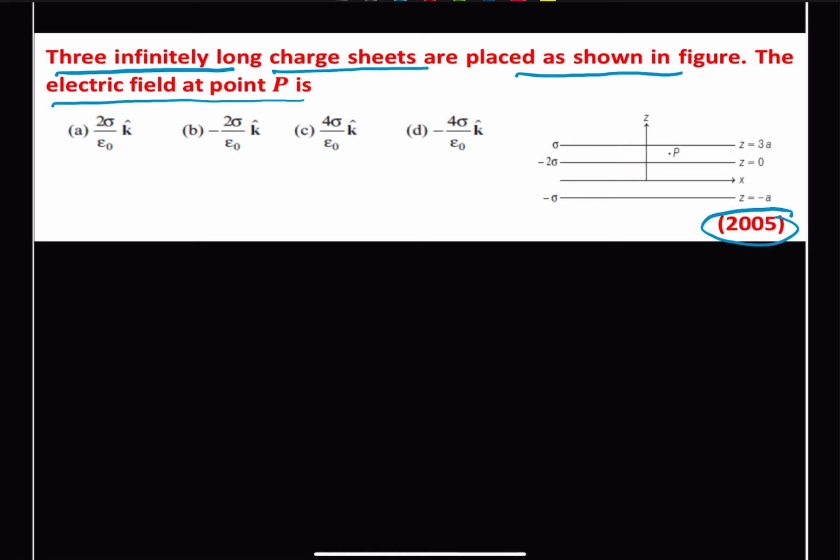In the previous question we also discussed that the electric field is independent of the distance of the point. It is only dependent upon the charge density and epsilon naught, which is a constant value.